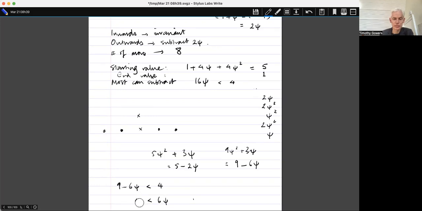So that means I needed 5 to be less than 6 psi, but that's still obviously true. So that wasn't really a proof. It was just a kind of argument that I would have to do enough inward moves, or enough moves that were not, unfortunately, close to the origin. I wouldn't be able to subtract enough stuff.